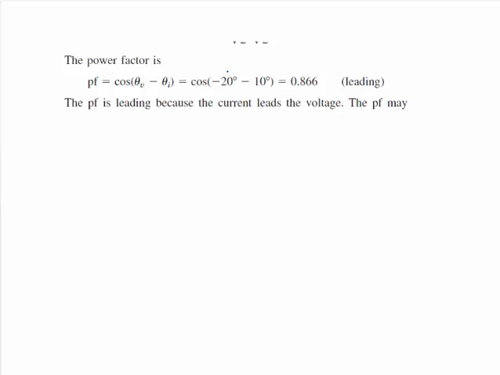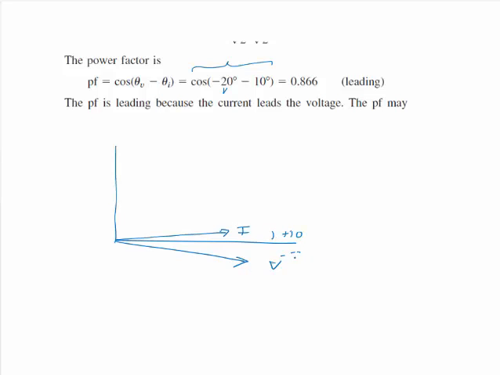Can I see that in this equation? Yes, I can. If I draw my picture, voltage was at minus 20 degrees, so maybe that's minus 20. And current was at a plus 10 degrees. That was current, this was at plus 10, and this was at minus 20 degrees.